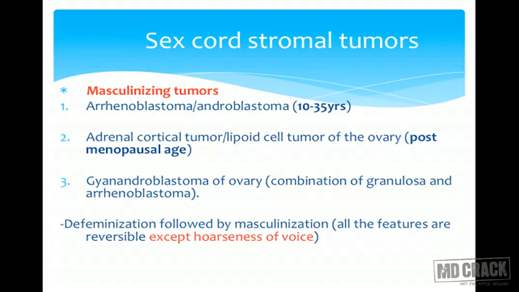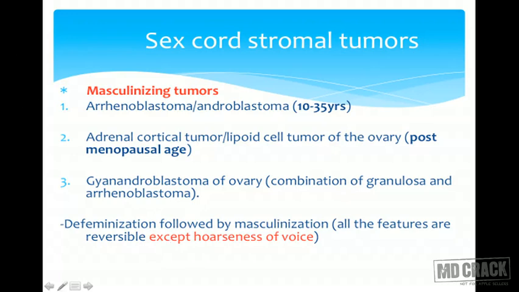So these are arrhenoblastoma and androblastoma. These tumors are seen commonly in the 10 to 35 years age group. Adrenal cortical tumor or lipoid cell tumor of the ovary are seen in the postmenopausal group. Gynandroblastoma of the ovary is a combination of granulosa cell tumor and arrhenoblastoma. There would be signs of defeminization followed by masculinization.